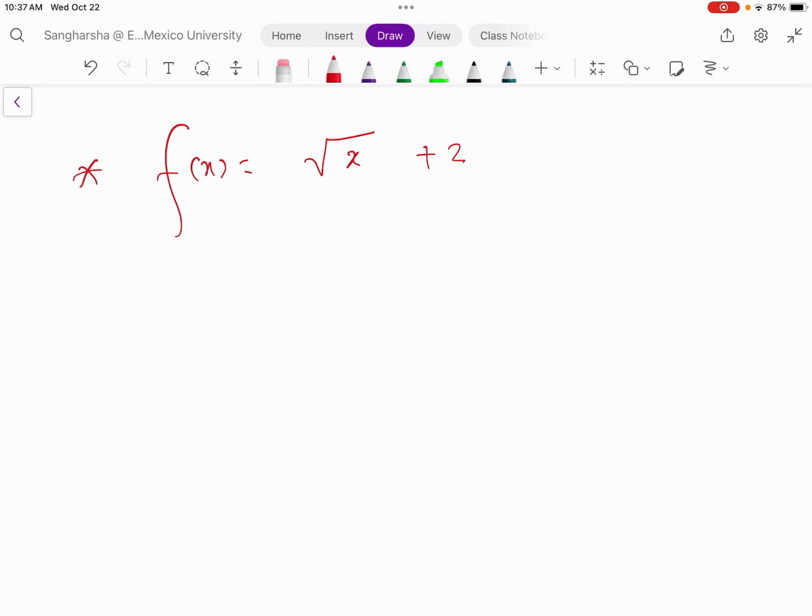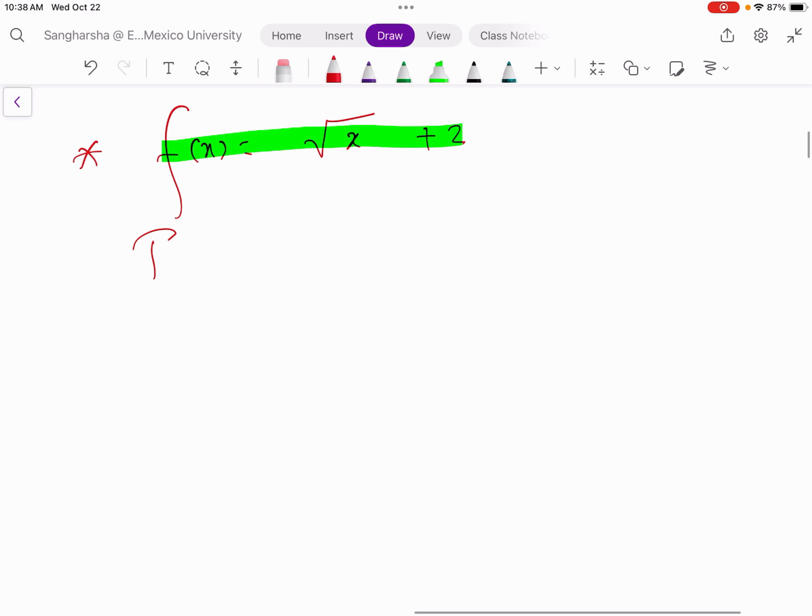That's the very first step here. This is a square root function, right? And if we have a square root function, then what is the basic function?